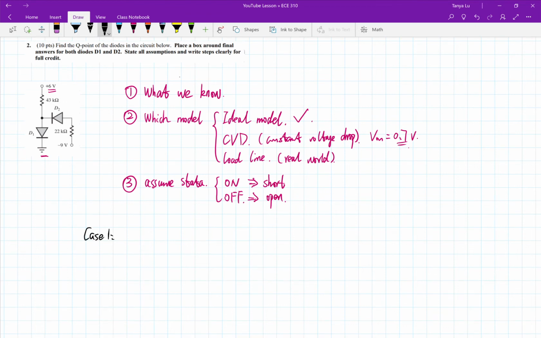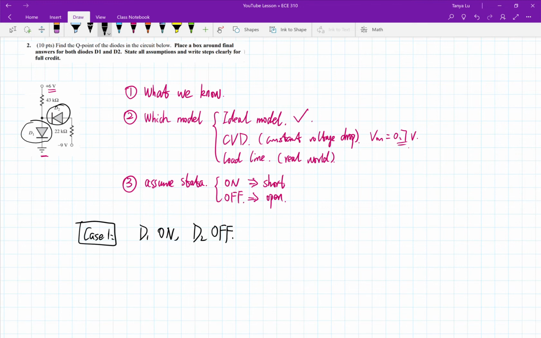Case one, first step. I guess we skip that. We're gonna make assumptions based on our diodes here. They're on or off. So what I'm gonna do, I'm gonna just go ahead and assume diode 1 is on, diode 2 is off.